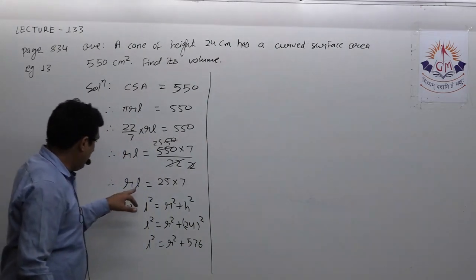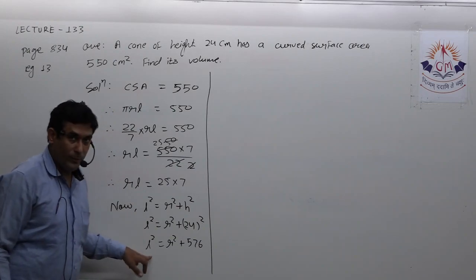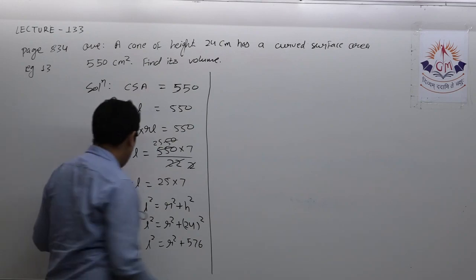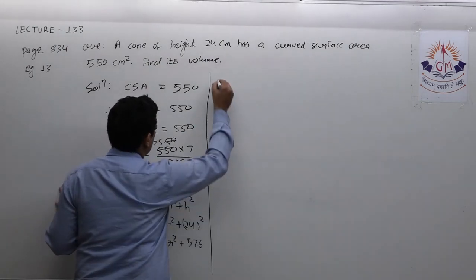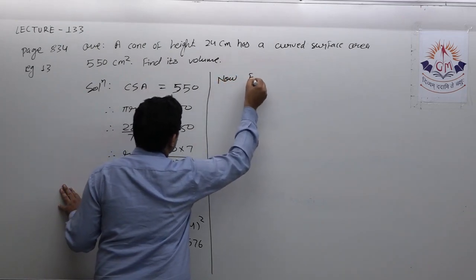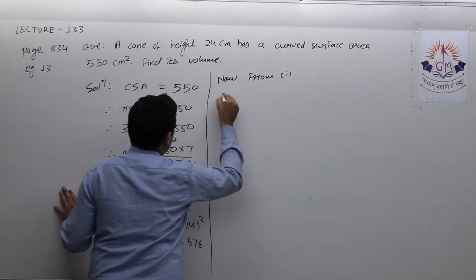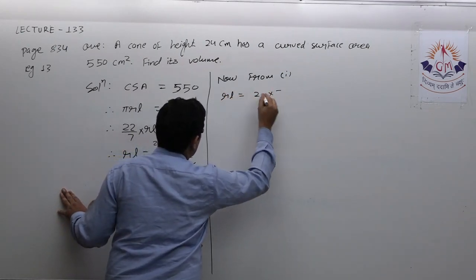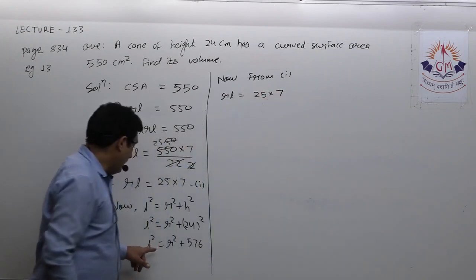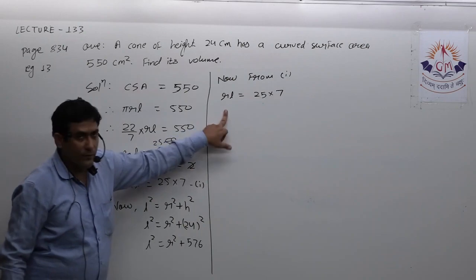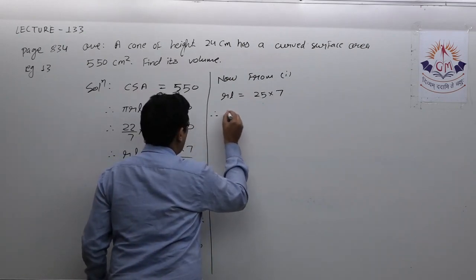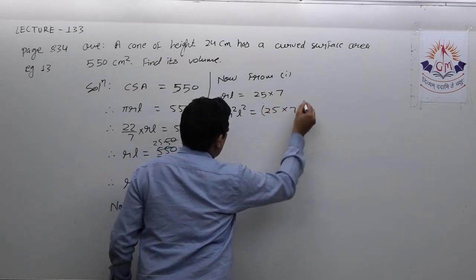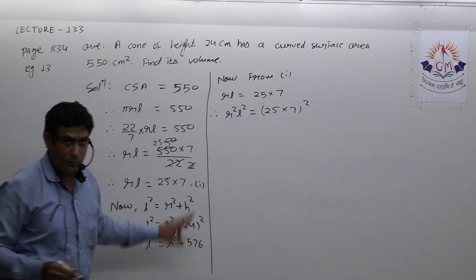Okay, so now if I obtain the value of L from here and put it in this, I can get an equation in R. So now let it be first. From first we have RL is equal to 25 into 7. See, here the value of L square is given. Here we have L. So now I will square on both sides so that I can get L square, and then simply I can replace this value of L square over here.